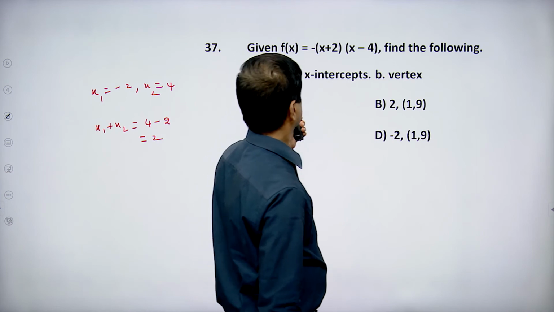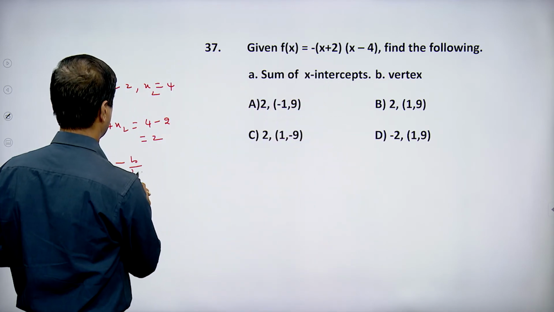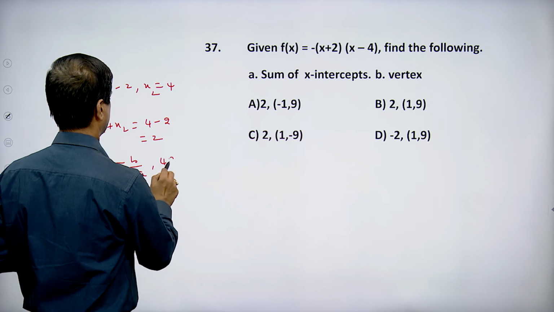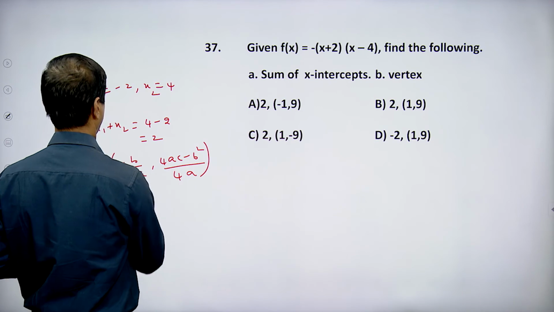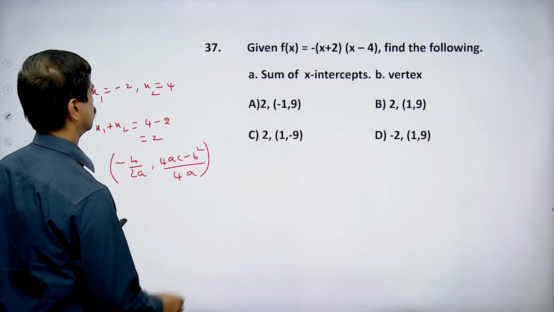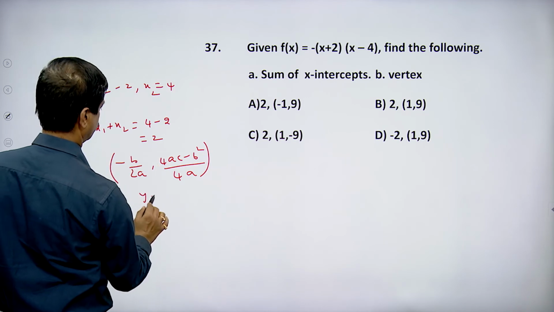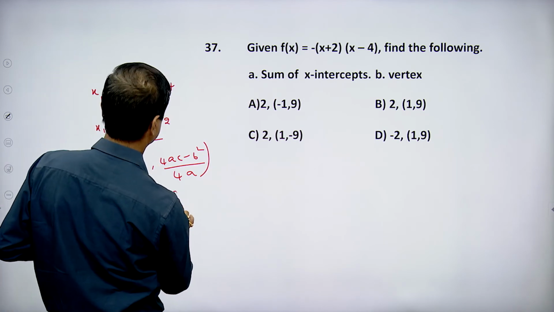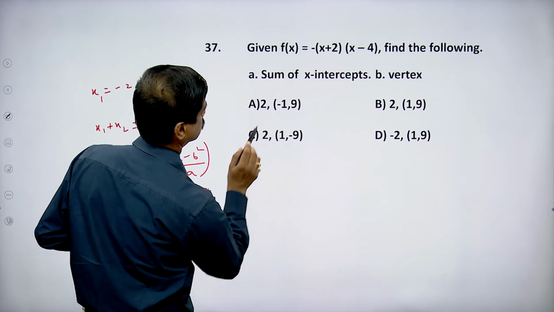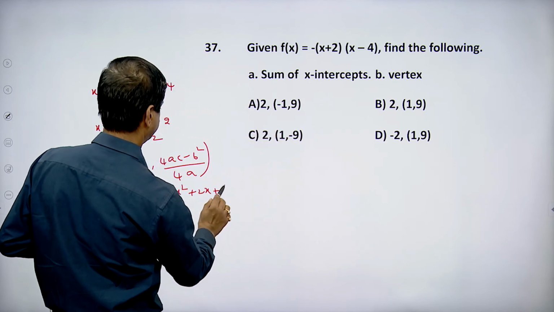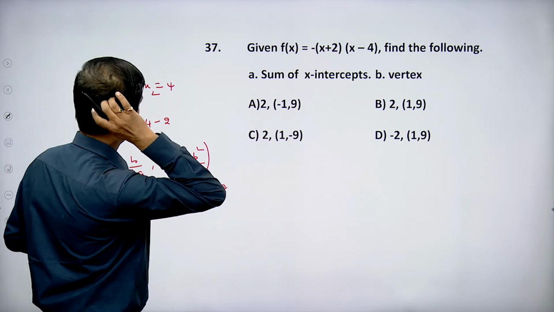So next, what is that he says? Vertex B. Vertex is minus b by 2a, comma 4ac minus b square by 4a. So this is the thing. So if you look at that, that is y equal to minus of x square plus 2x plus 8. So minus b by 2a, what is that?